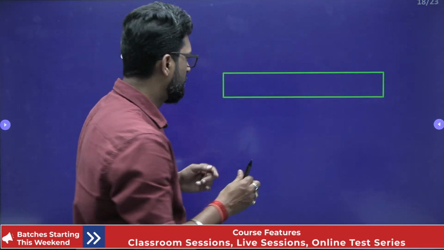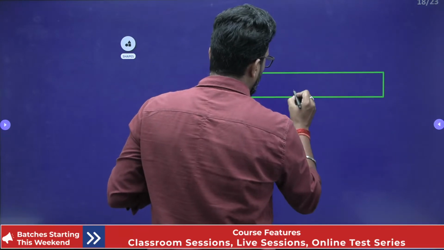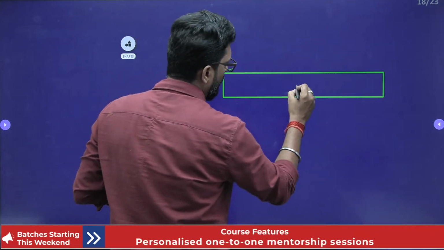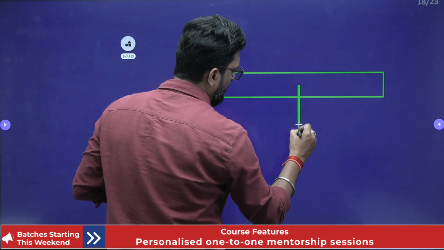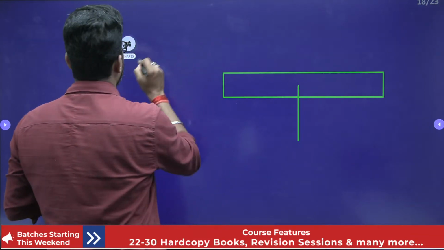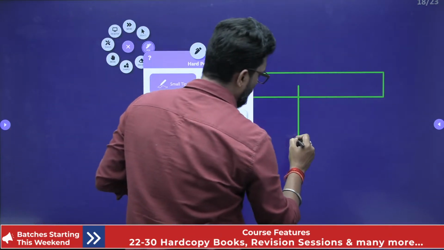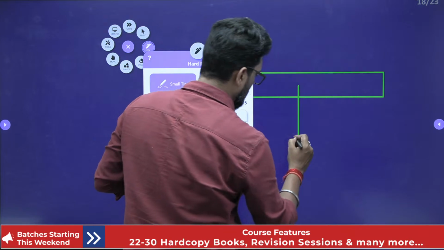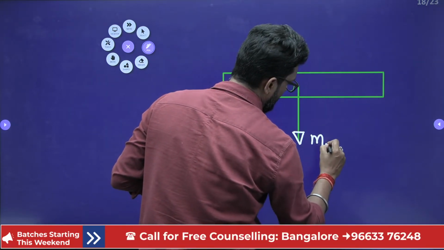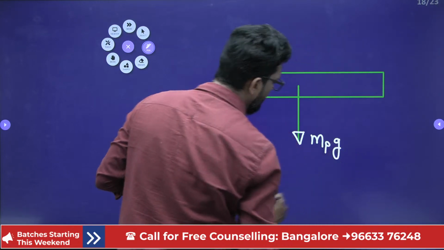Very first class. This is your piston, and if you write a free body diagram, there is this weight, that means mass of the piston into g.